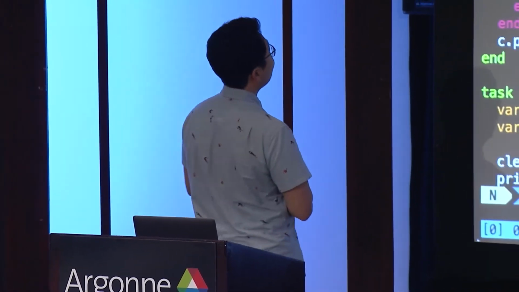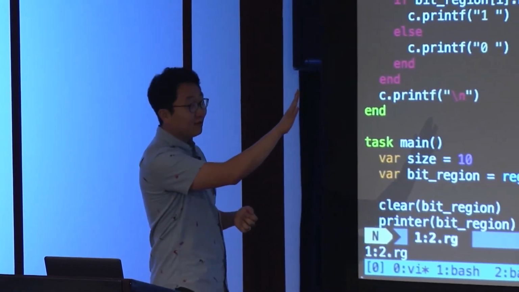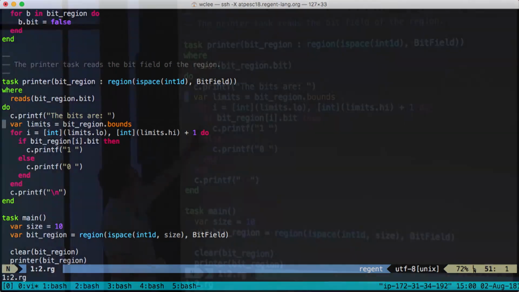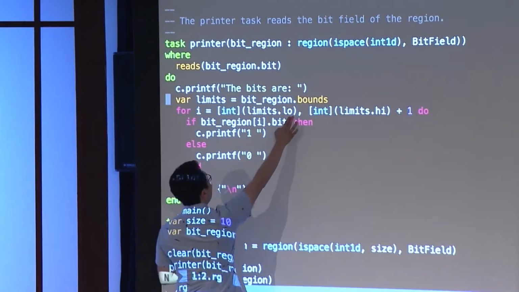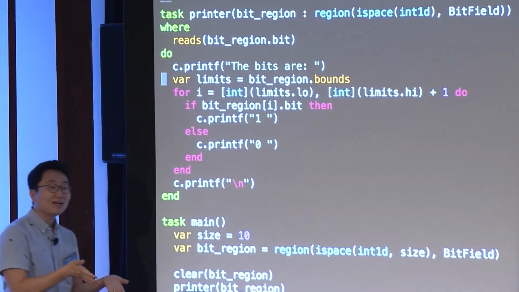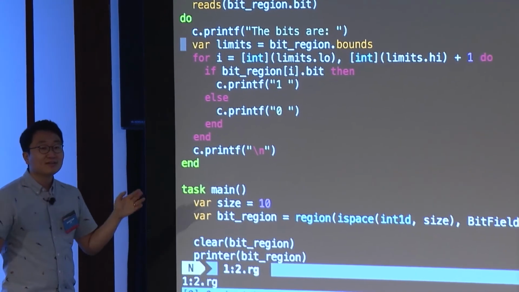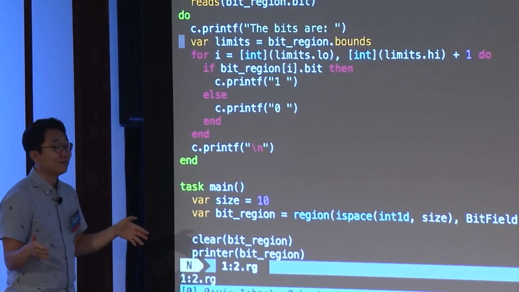Okay. So, the printer task takes the same region, but now it declares a read privilege. So it is only going to read the value of the field. And here, we retrieve the field bound. The bound is a special kind of field of a region which gives you the bound of your index space.